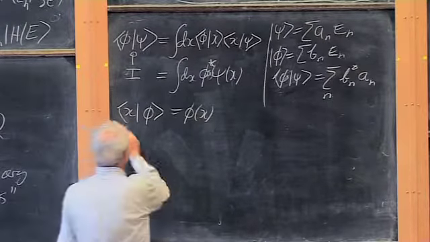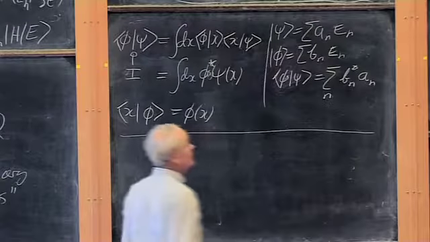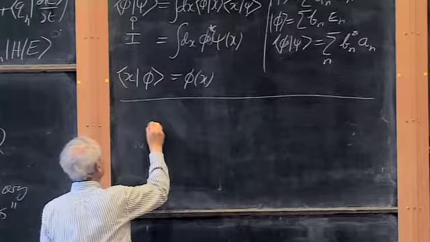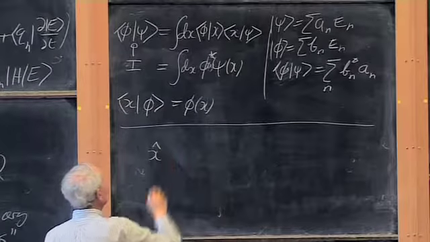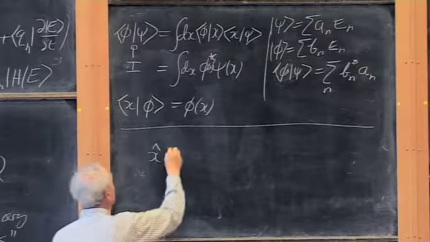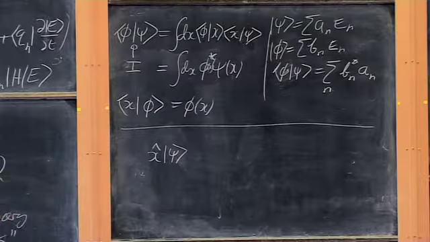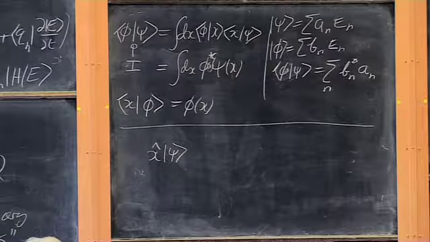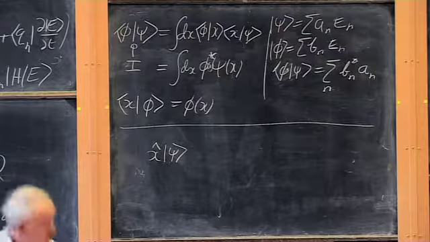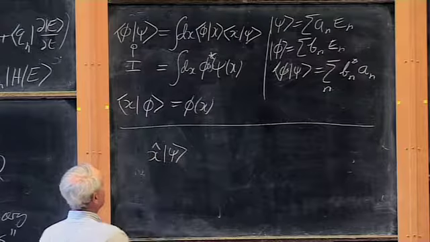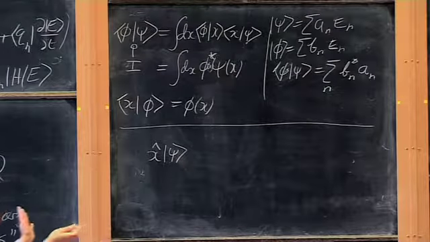Let's just do a little practice with this by asking ourselves how does the operator x work on an arbitrary state psi in this representation? What we want to know is what wave function represents that?